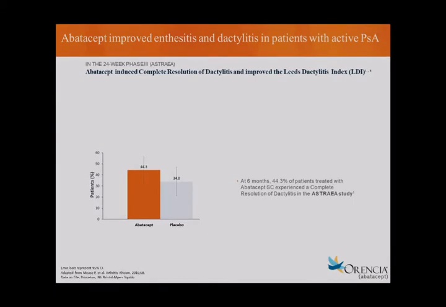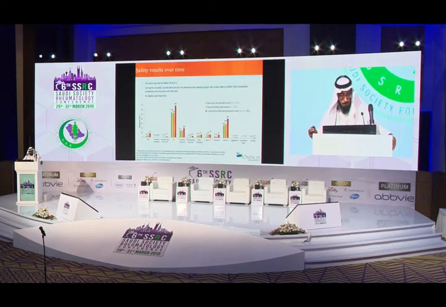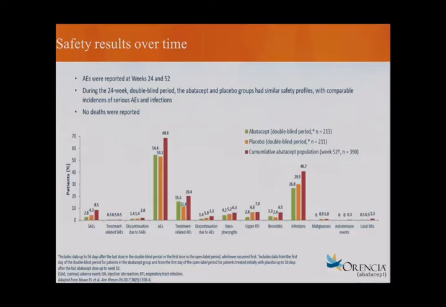The DAS28 CRP also showed a reduction in the abatacept group, better than those on placebo, but again, this was not of statistical significance. With regard to the safety results, as you know, abatacept has an established acceptable safety profile from previous trials, and this has also been observed in this trial.